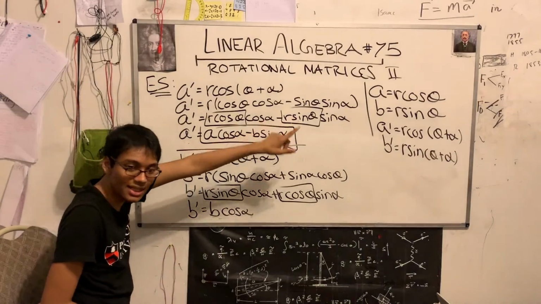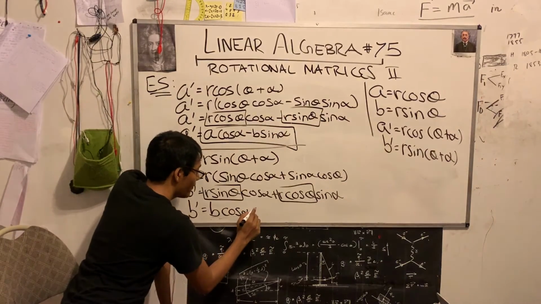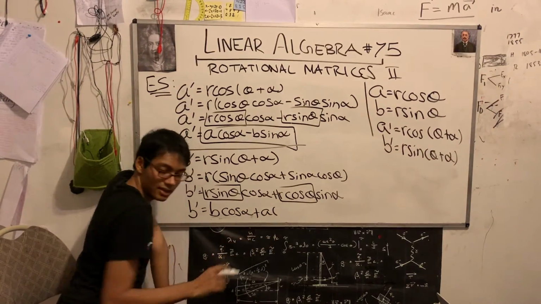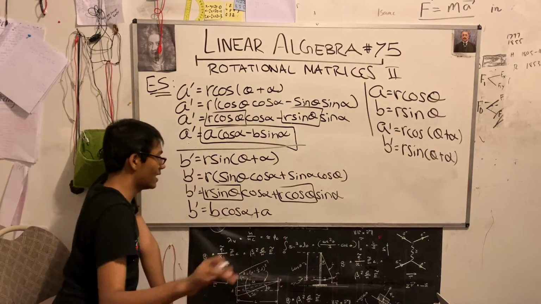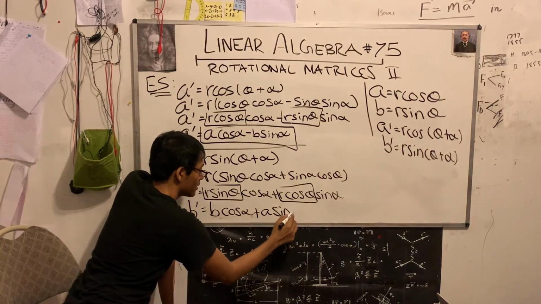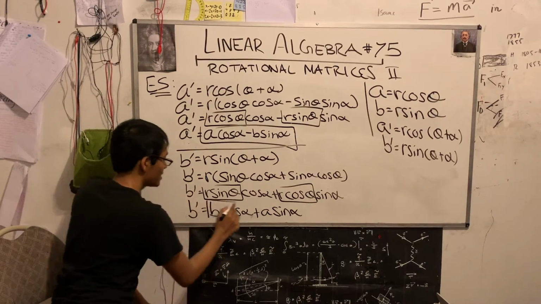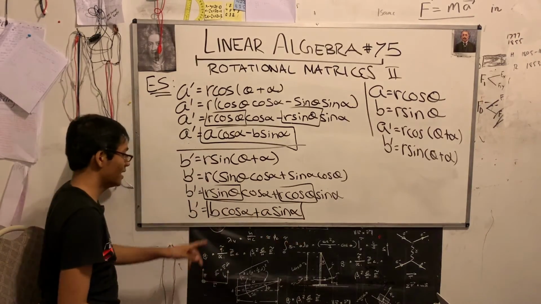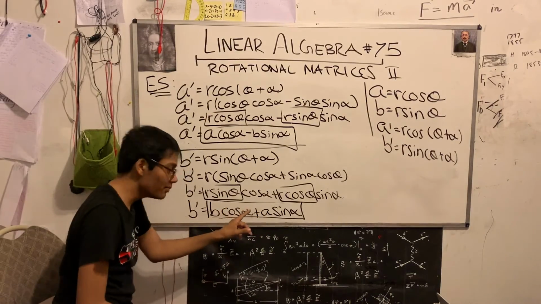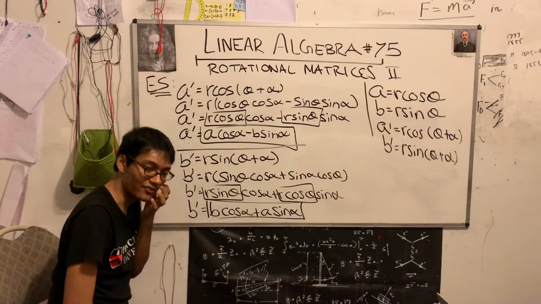R cosine theta is just A. So I'll have plus A sine alpha. And boom. That right there is my B prime in terms of my original vector A, B and my angle alpha.